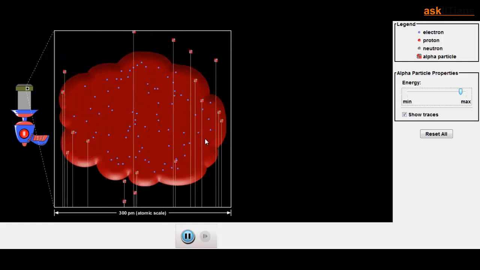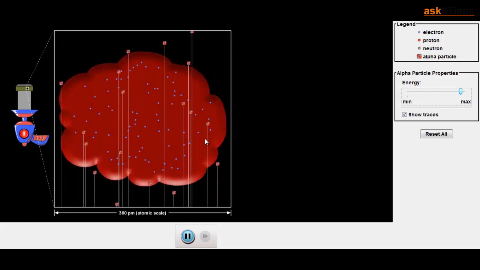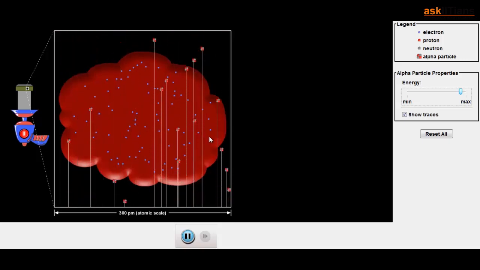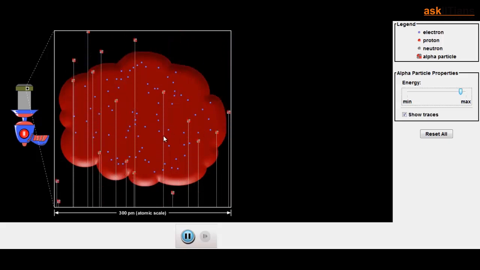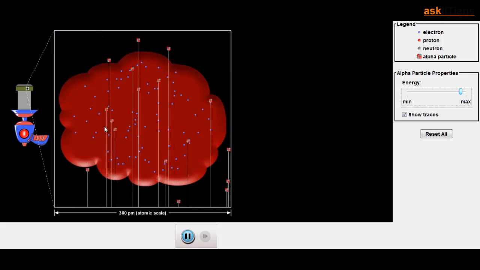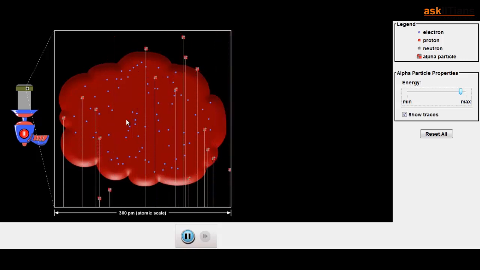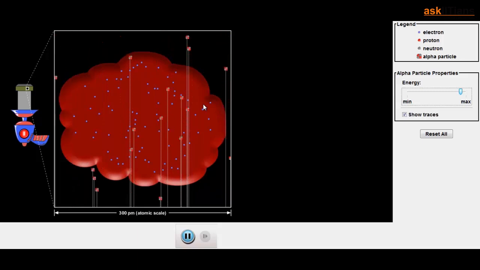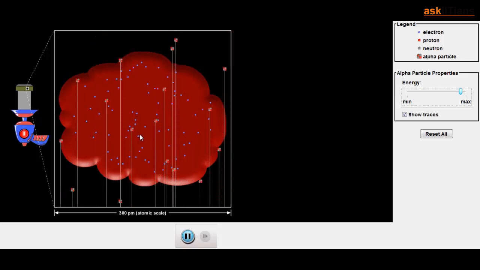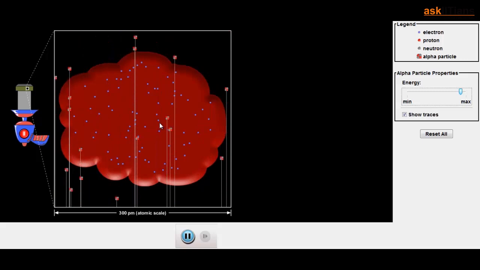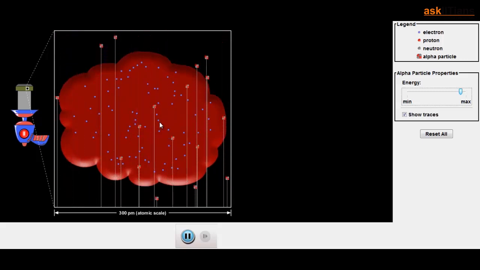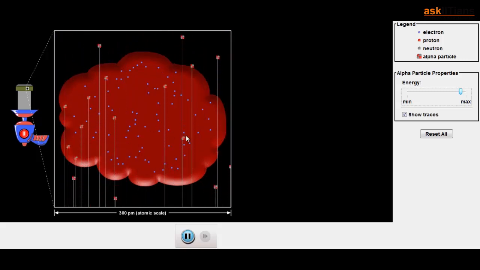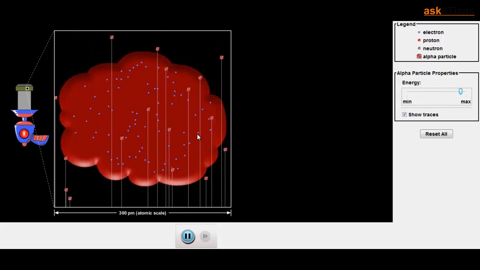According to the plum pudding model suggested by Thomson, this should have been the observation when an atom faces a bombardment of alpha particles from one end. We came to know this is not the correct version, because some alpha particles are deflected, even thrown back completely. In this model, none of them get deviated that much; all of them move in a straight line.